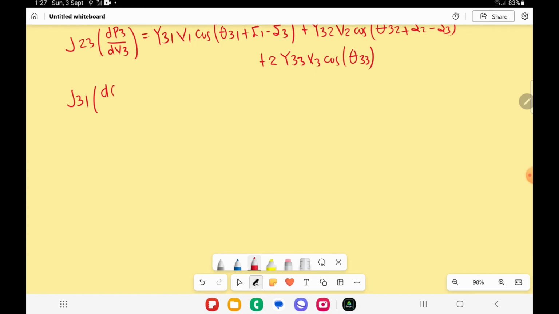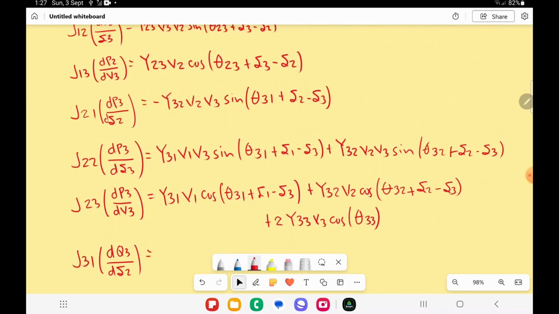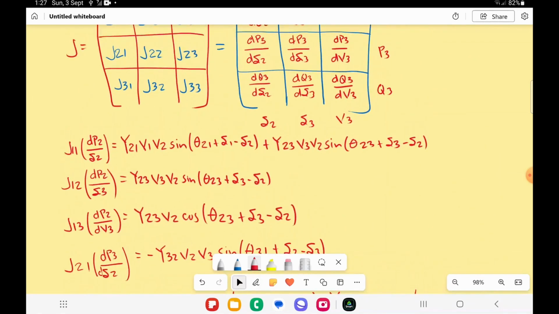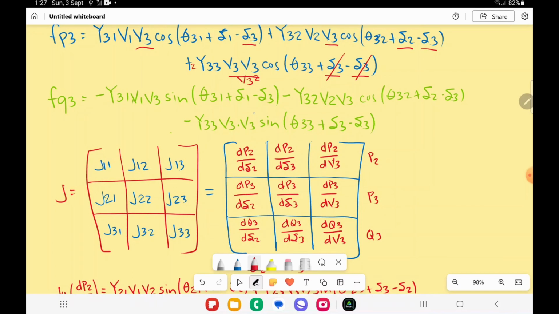this is a partial derivative of Q3 in terms of delta 2. We look for function Q3 in terms of delta 2. In the first term, we have no delta 2. In the second term, we have delta 2. And we have no delta 2 in the third term. So the derivative of cosine is negative sine, and this is negative.